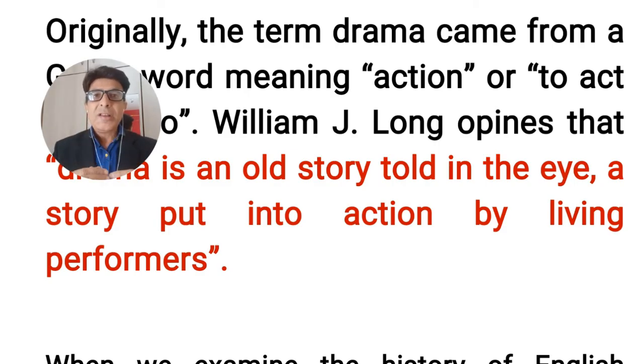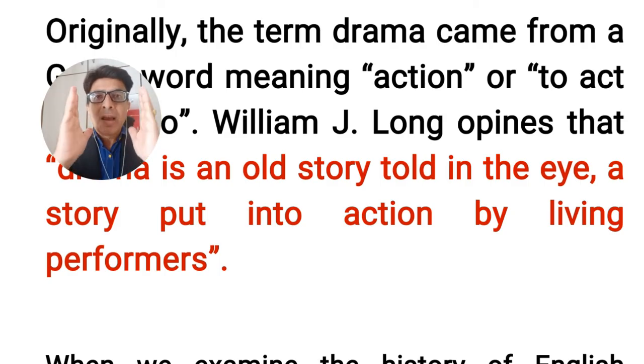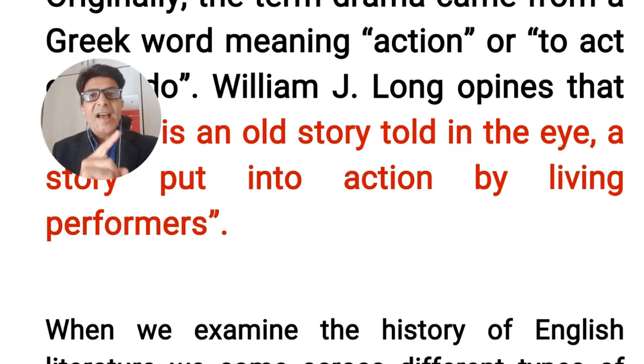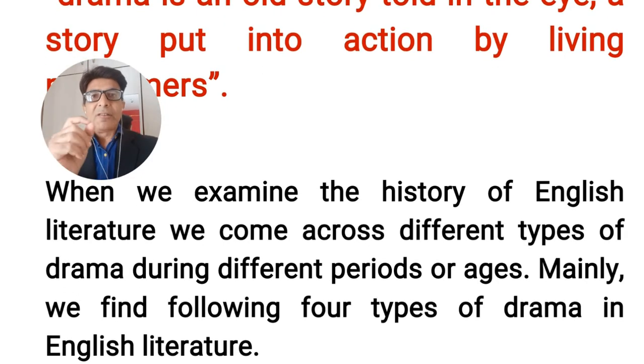So the story is presented by the performers. Performers means actors. So the actors perform a story, perform some actions, and we visualize that story on the stage. That is known as drama.